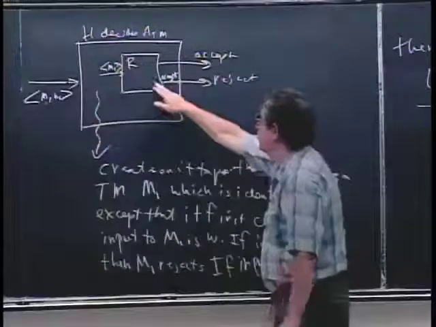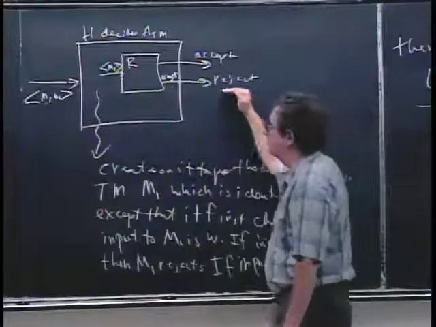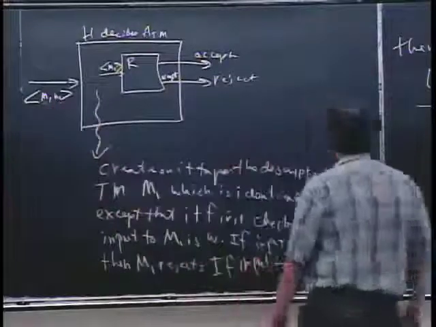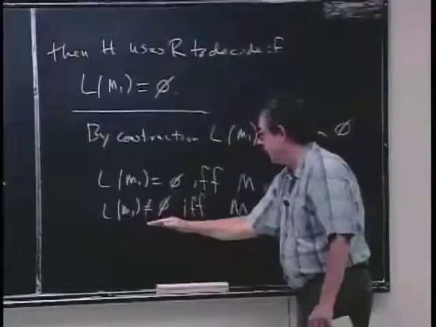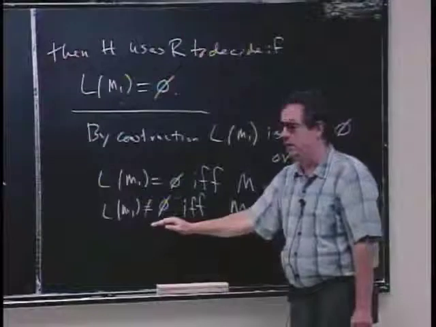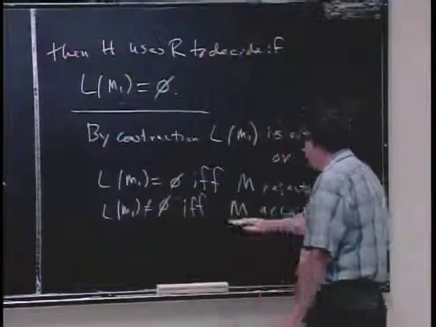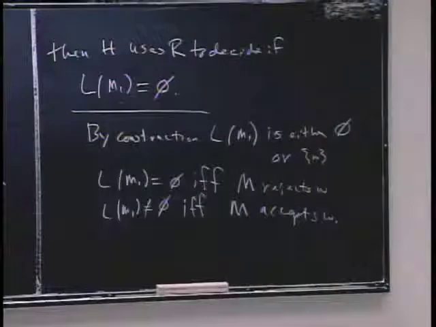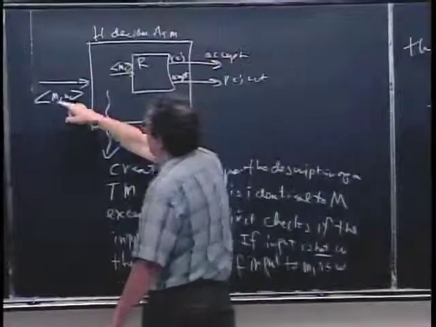So when R accepts, we want to report a reject because that means that M rejects W. And looking at here, we see that when L(M1) is not empty, that's a reject by R. R rejects its input M1. But that means that M accepts W. So whenever R says a reject of its input, then we want to report an accept that M accepts W.